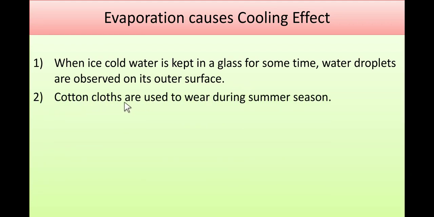Secondly, cotton clothes are worn during the summer season. We know cotton clothes are very comfortable to wear in summer. This is because cotton is a good absorber of water, so it helps to absorb sweat from our body. A person sweats more during summer due to the automatic temperature control mechanism.